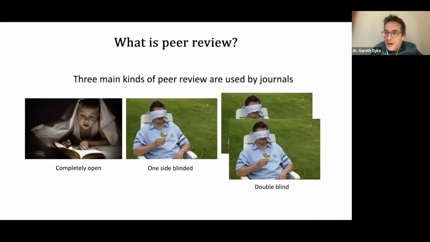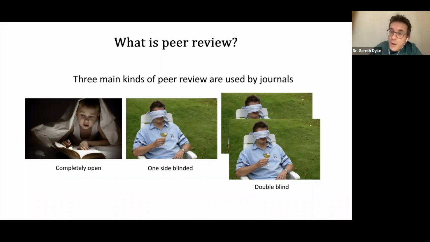But journals around the world tend to use one of three main kinds of peer review. Completely open, where your identity as the author and the reviewer's identity is known to everybody. So-called one-side blinded peer review, the most common kind, which most journals use.